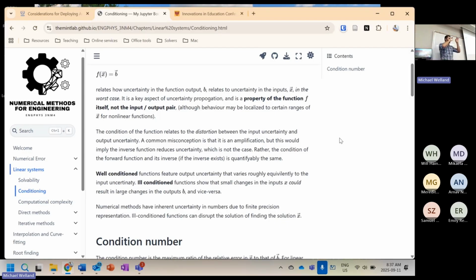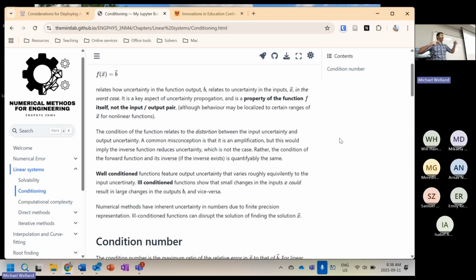If a little bit of uncertainty in x results in a large uncertainty in b, then the converse should be true. If you took a little bit of uncertainty in your output and solved for the input, if it was a matter of amplification, then that should shrink. And you should be able to do the inverse of the function more accurately than you were able to do the forward. Does that make sense?